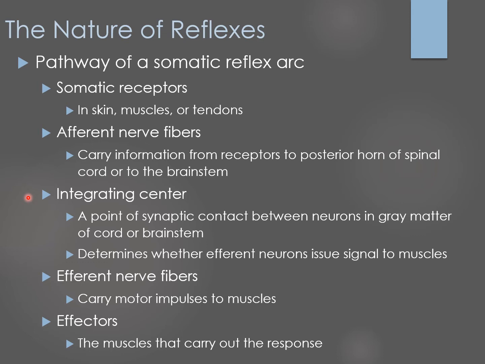In the integrating center, you most likely will have interneurons. This is in the gray matter of the nerve cord. Then you have your efferent nerve fibers. Those are your motor impulses that are the result of everything that happened in front of this, and they are going to carry the impulse to the muscle. The muscle is the effector, and that effector will carry out that response.